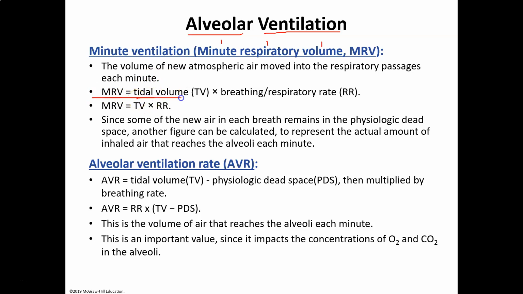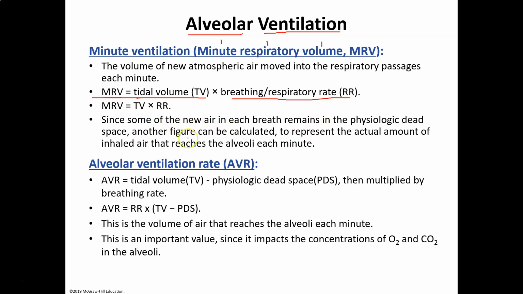So that's tidal volume times the respiratory rate. How much air are you bringing in, and how fast are you breathing? If the tidal volume was 500, and you were breathing 20 times a minute, you've got 10,000 milliliters of air reaching your alveoli.